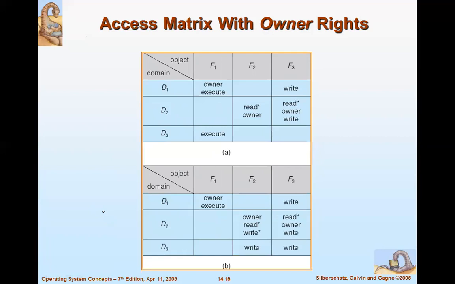In the next diagram, you can see over here, again, they have changed the owner execute. So look at this, the owner execute means that you have access to all functions, all instructions, all programs that lie in domain D1, and you are giving it to F1.